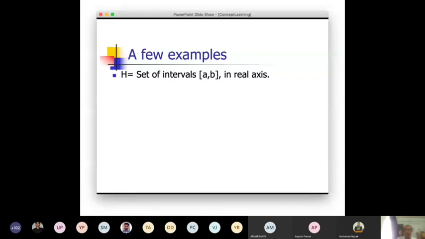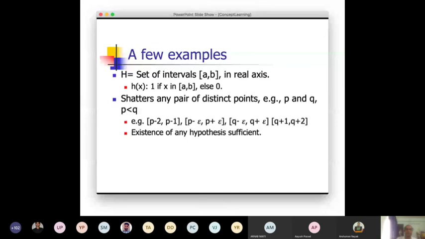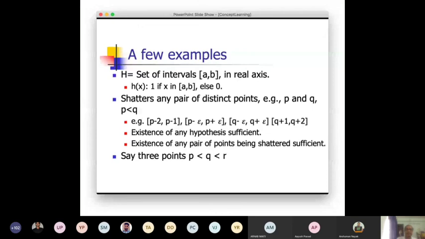But if I give you 3 points, can they be shattered? So it shatters any pair of distinct points P and Q. Shattering means the existence of a sufficient hypothesis. Say there are 3 points, P less than Q less than R. Whenever you take 3 distinct points, there will be some order, and there wouldn't be any shattering by this hypothesis.